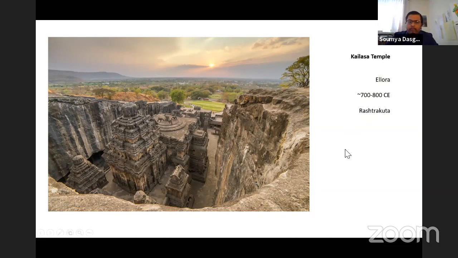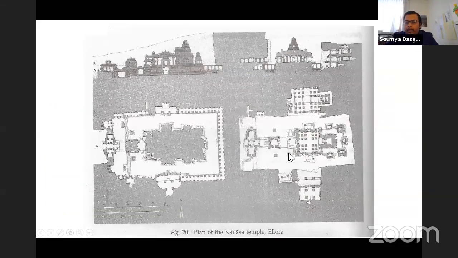And this is the plan. Now, we do not see much difference in the plan forms. Although it's a rock cut temple, it's basically a rectangular temple with smaller sub shrines here and here.